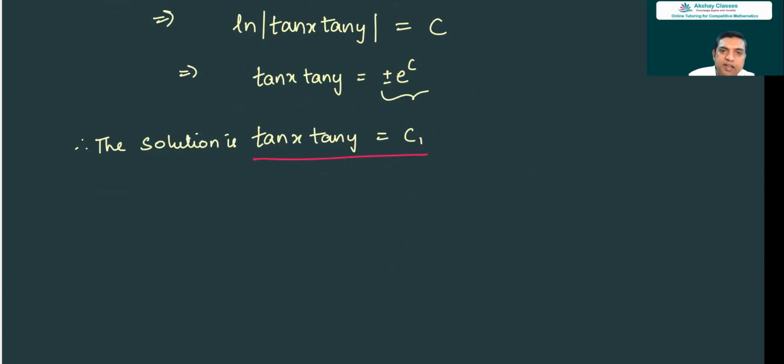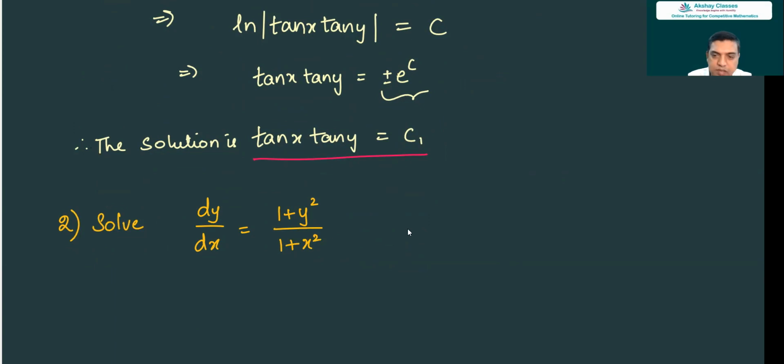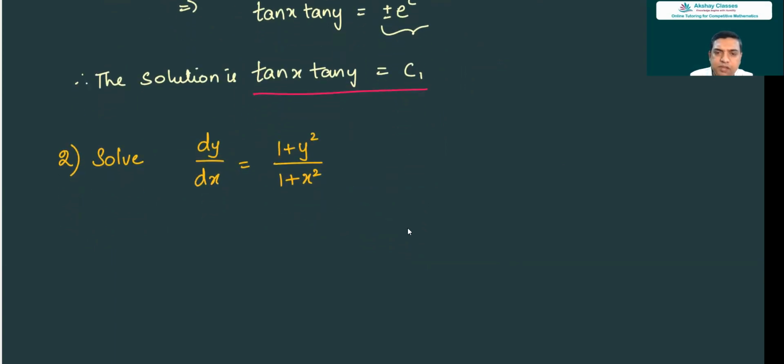Let us look at the second example. Solve dy by dx is equal to 1 plus y square upon 1 plus x square. So solution. You can see that just by inspection, observation, we can separate the variables.